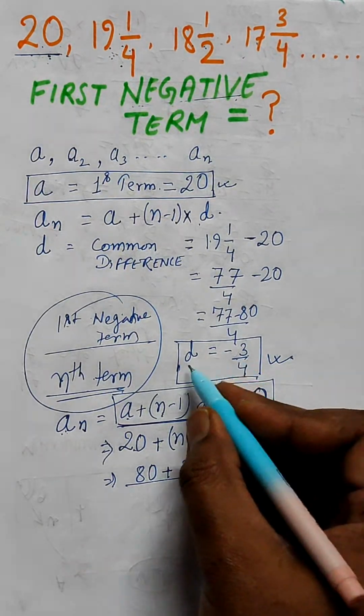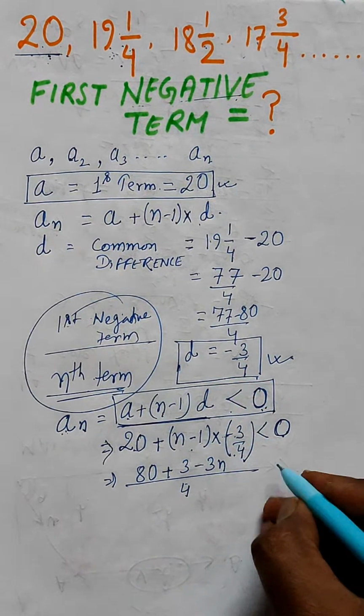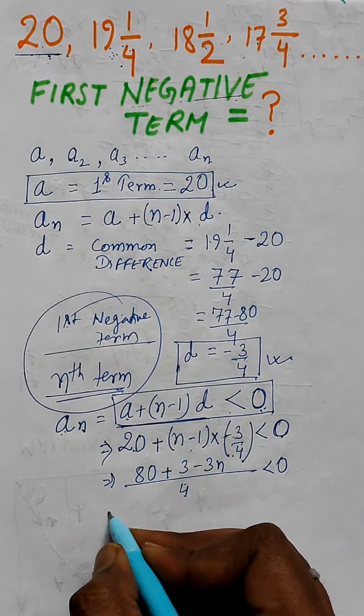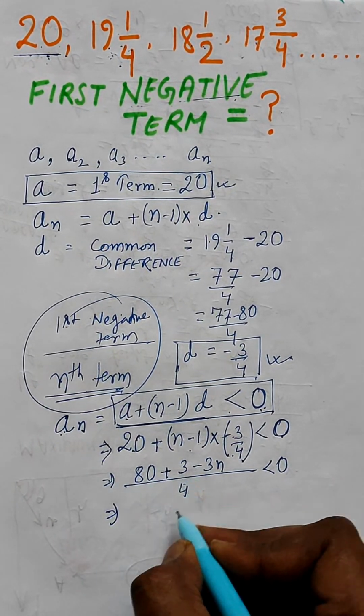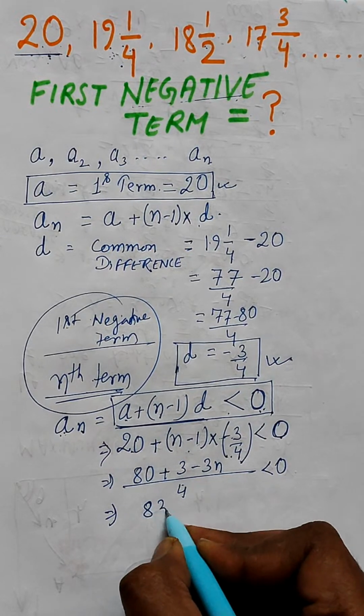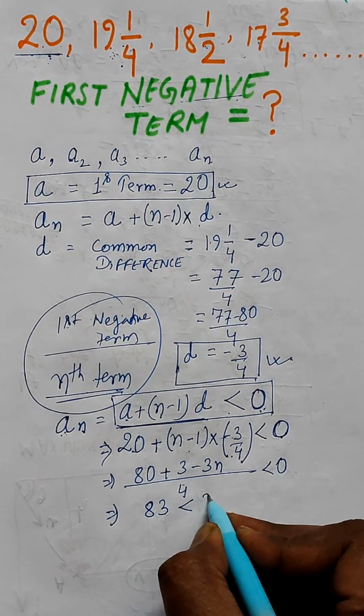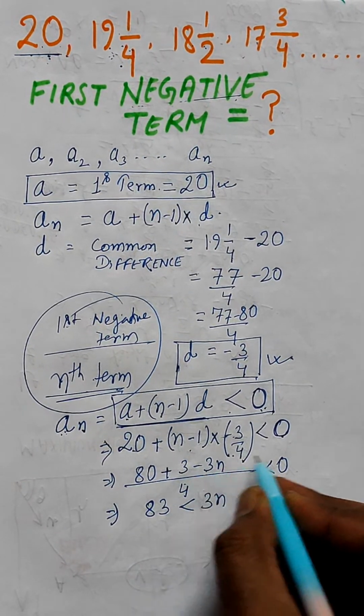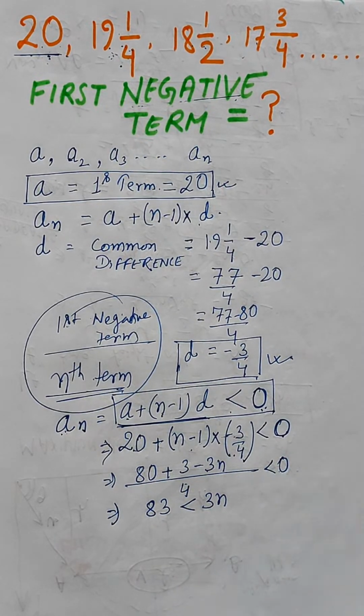This will be less than 0. And when you solve it, 80 plus 3, 83, less than 3n, which goes to the RHS, right?